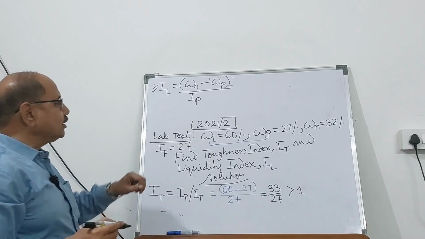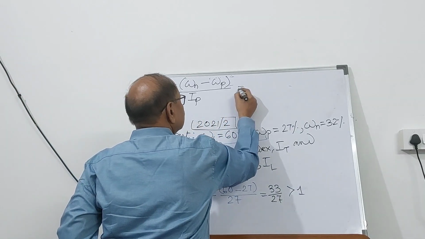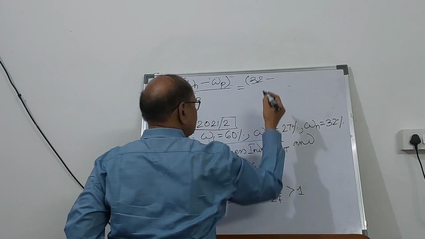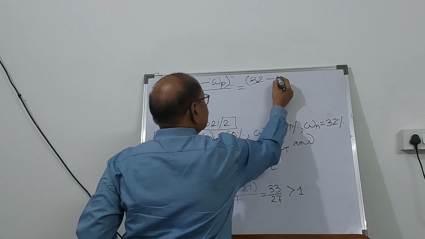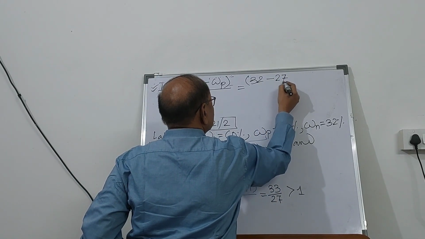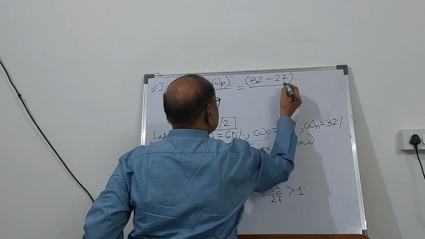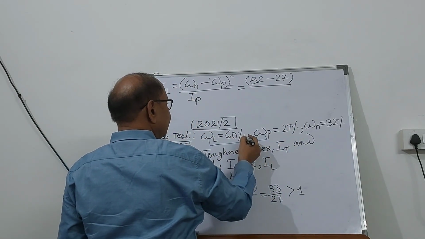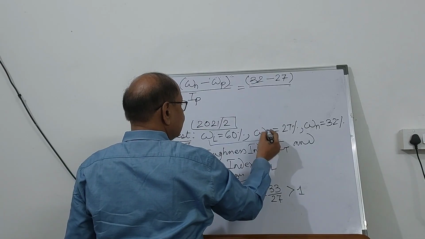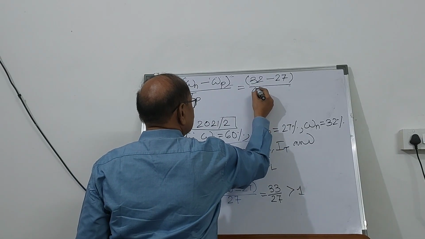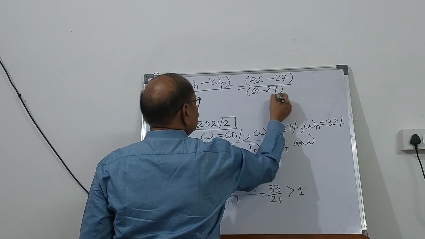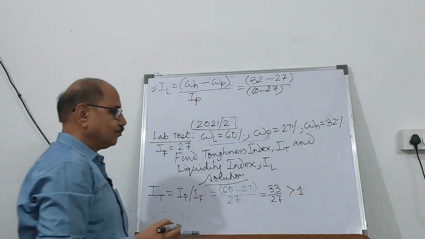So natural moisture content 32, and the IP value is going to be 60 minus 27, that is 33.